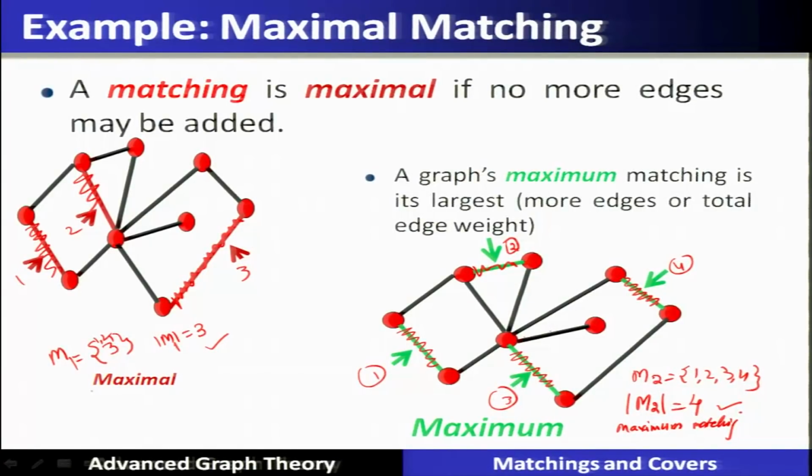The earlier one is a maximal matching because of 2 conditions. One is that we cannot add any other edge, that means we cannot enlarge this matching. Second thing is, this is not the maximum matching, because there exists another matching of a bigger size.